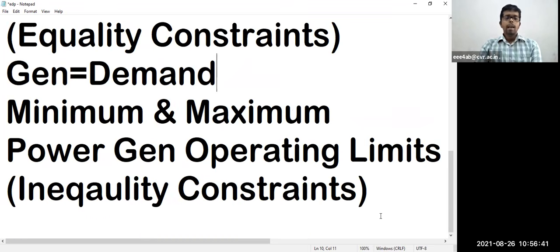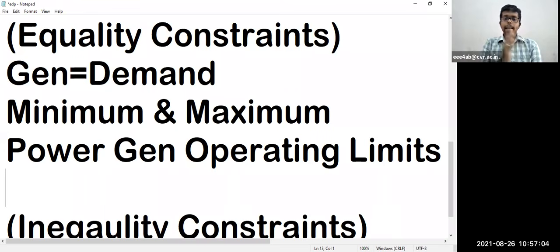So what are the minimum and maximum operating limits? Minimum and maximum power operating limits means that whatever the generation that is happening should be within the minimum and maximum operating limits. Say for example, your maximum generation is 1,000 megawatt. Your generator might have some minimum as well.